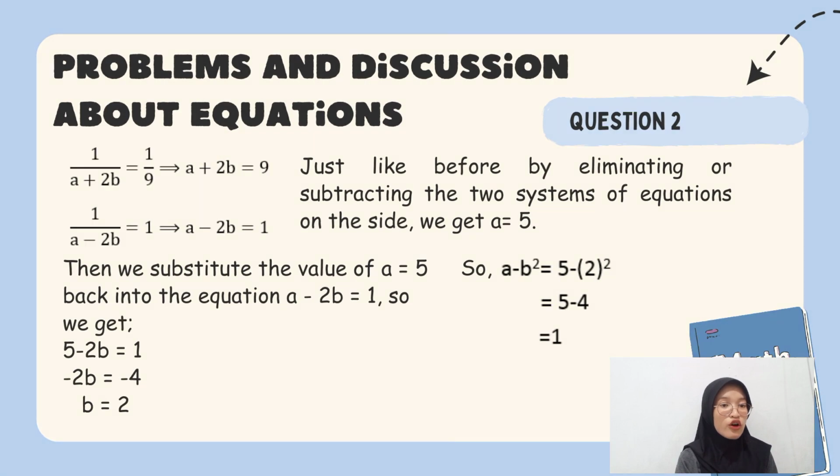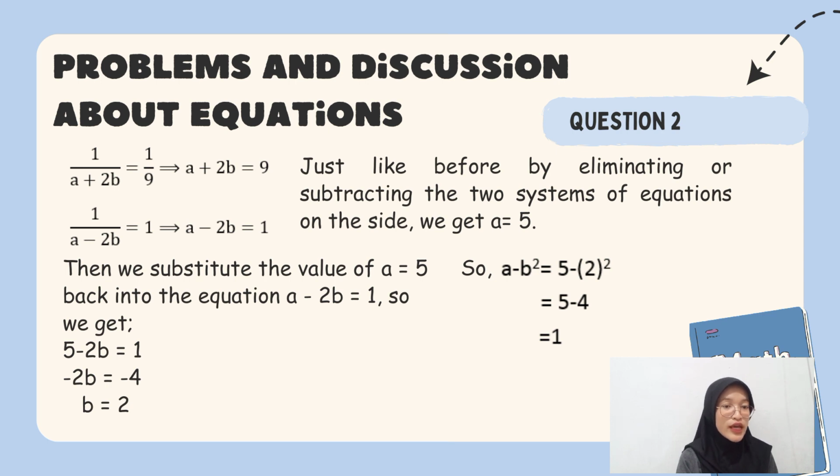Just like before, by eliminating or subtracting the two systems of equation on the side, we get a equals 5. Then we substitute the value of a equals 5 back into the equation a minus 2b equals 1. So we get 5 minus 2b equals 1.